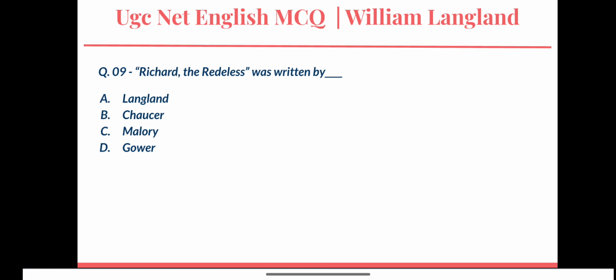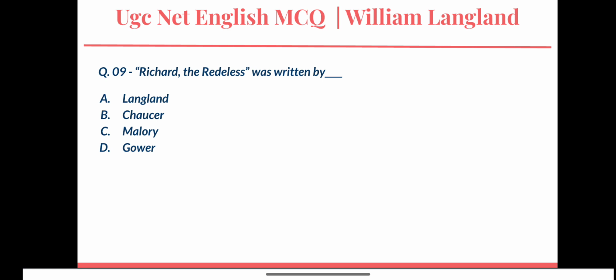So the ninth question, Richard the Redeless was written by. So there are four options, and you have to tell me which is the correct author who has written Richard the Redeless. Option A, Langland. Option B, Chaucer, that is Geoffrey Chaucer.